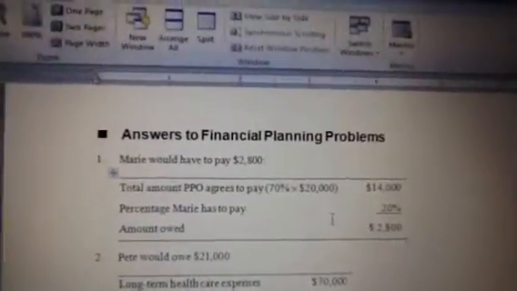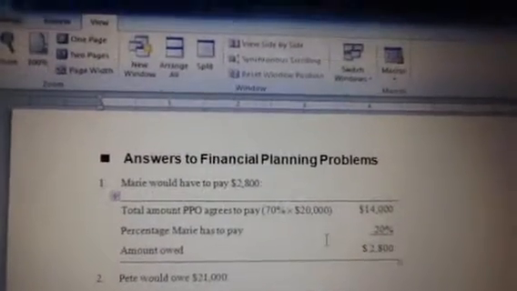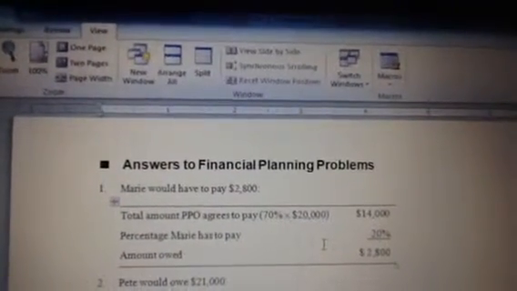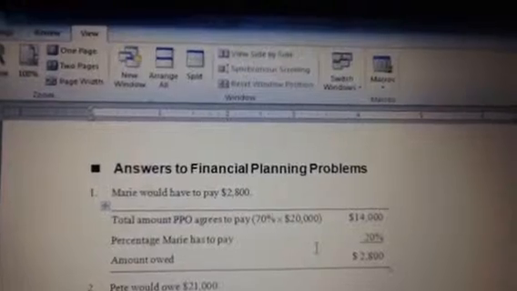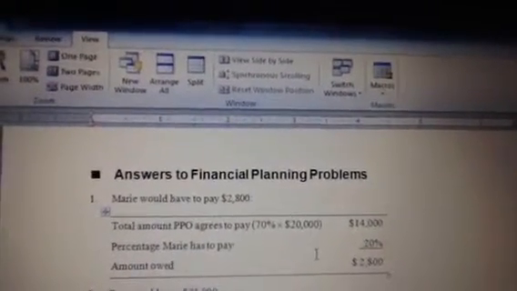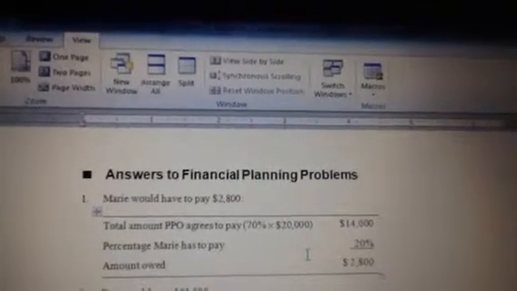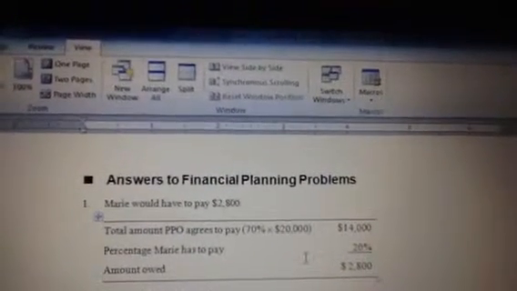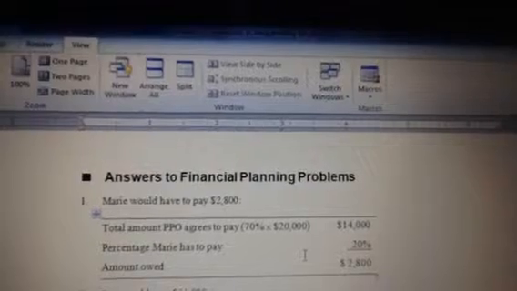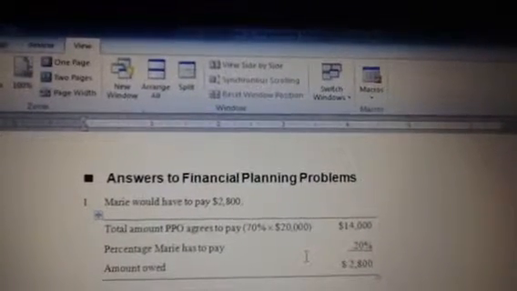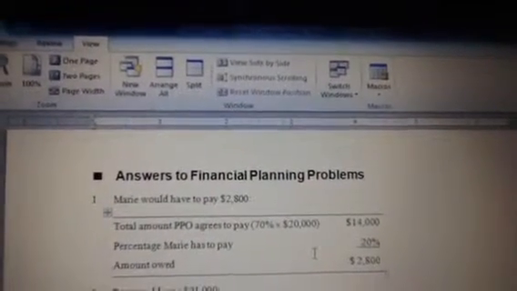That's because 14,000 is the actual charge to the hospital. Marie has to pay 20% of that, and that's $2,800. So that's just 20,000 times 0.7 tells you the amount charged to the insurance company. The 14,000, she pays 20% of that, the insurance company the other 80. So to find her amount, it's 14,000 times 0.2, or 2,800. That's not anything crazy there, but that is how that basically works.